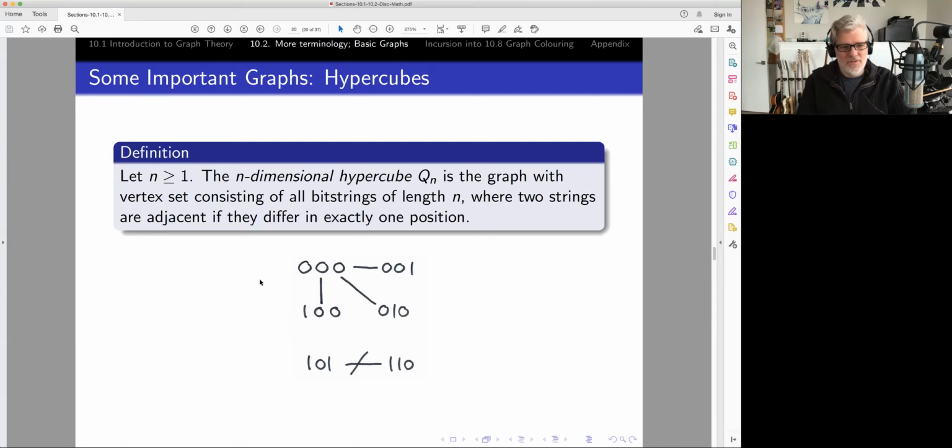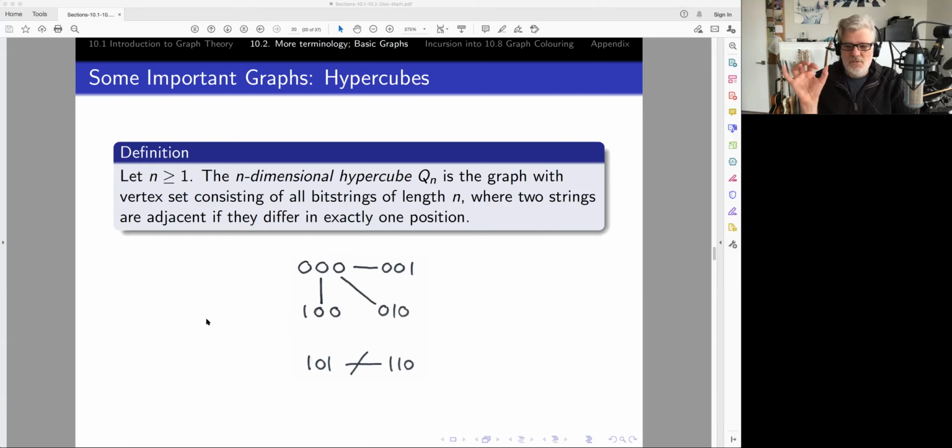So what are its vertices? The vertices are the bit strings of length n.